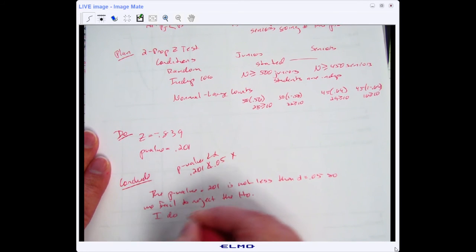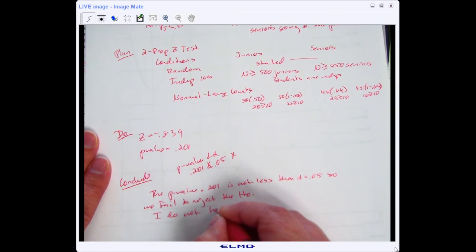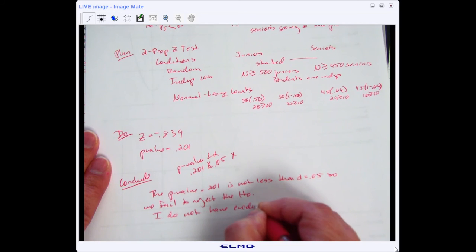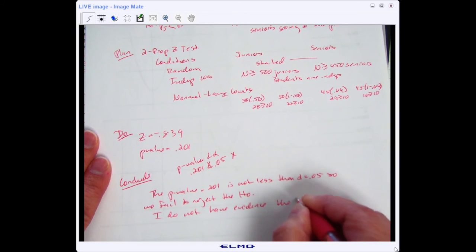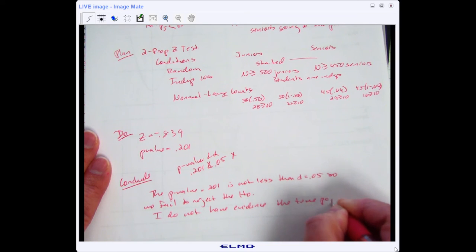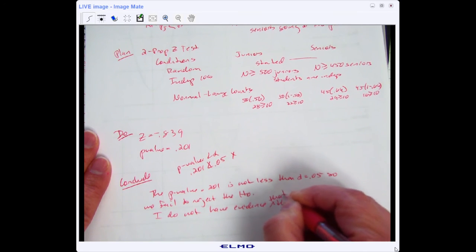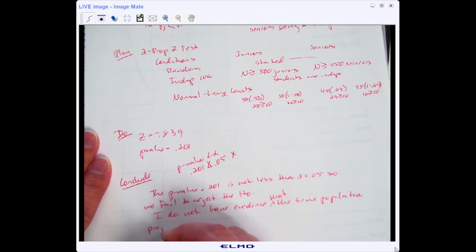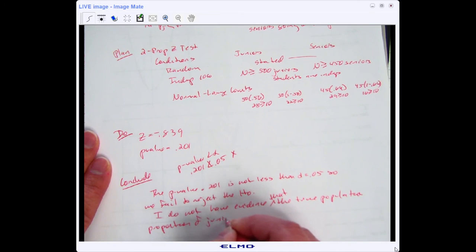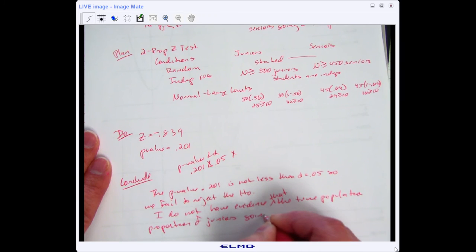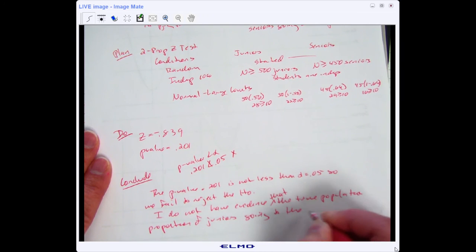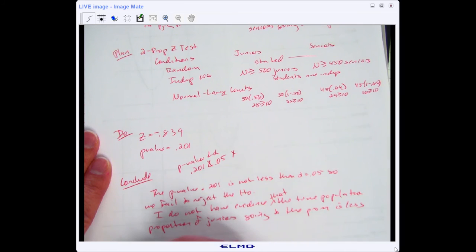I do not have evidence that the true population proportion of juniors going to the prom is less than the proportion of seniors.